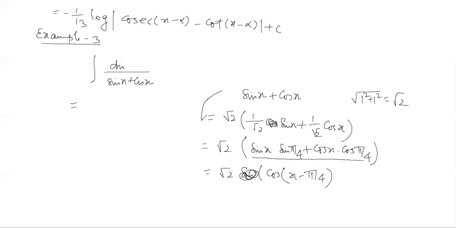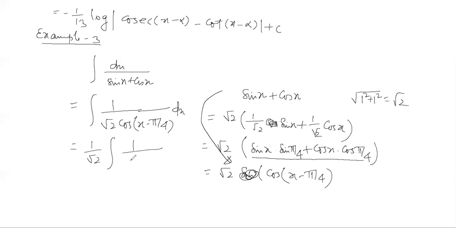So this is reduced to this form, right? So I will just use 1 by root 2 into cos of x minus pi by 4 dx.